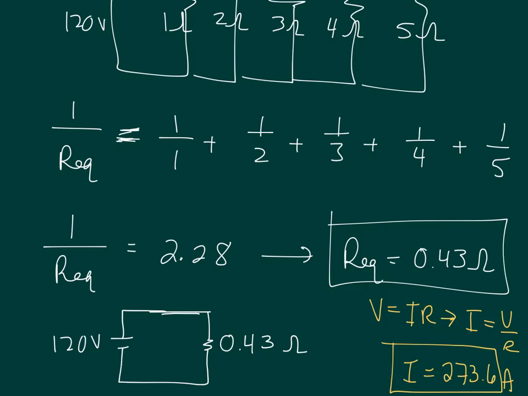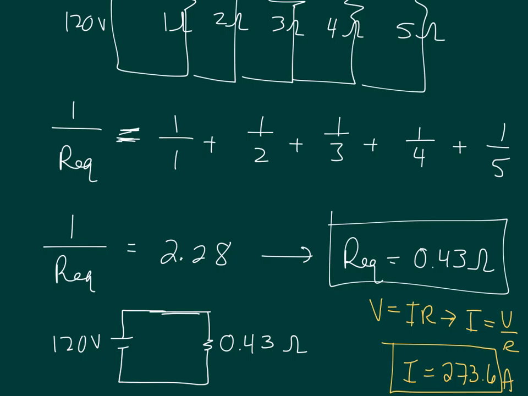This is a very low resistance that you're dividing by. Low resistance means high current, because resistance is the opposition to current. That's why we have to know what these physically mean. So parallel circuits give low resistance, high current circuits. Series is higher resistance and lower current.